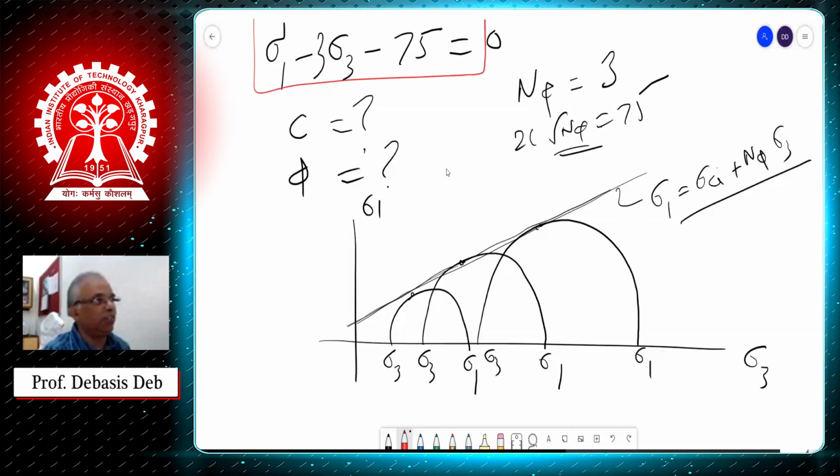This is the normal way we do it. We normally do not do a single test, but multiple tests. Then it also gives us a kind of average sense of what the value is. So I stop here today. Tomorrow I'm going to go to another failure criterion, which is called Hoek-Brown.